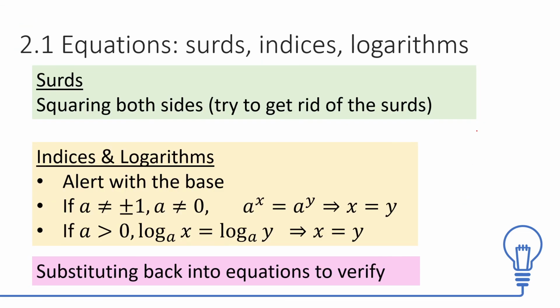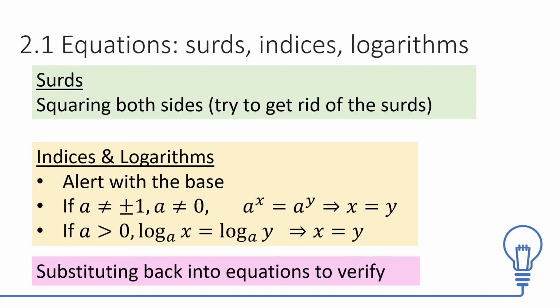So to wrap up, in chapter 2.1 we have 3 different types of equations: surd, indices, and logarithm. For the surd, the technique is to keep the surd on one side, and then keep on squaring to get rid of the surd. The indices and the logarithm are the same, that is, we need to watch their base.